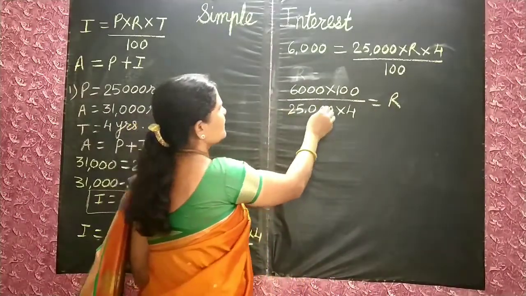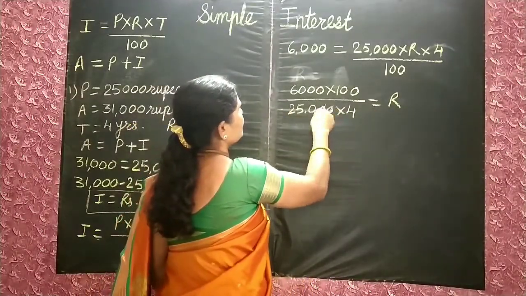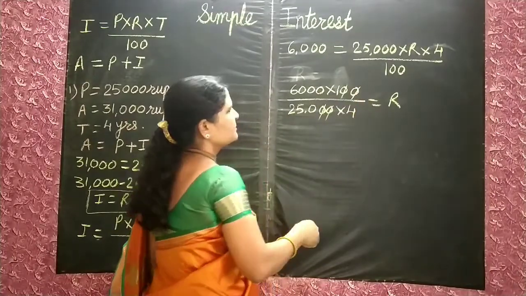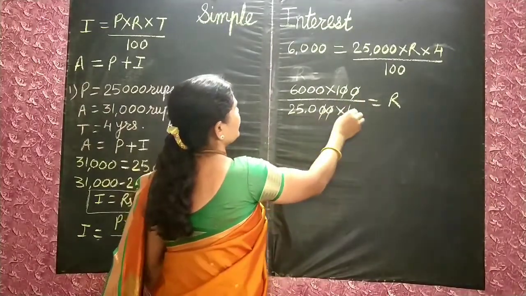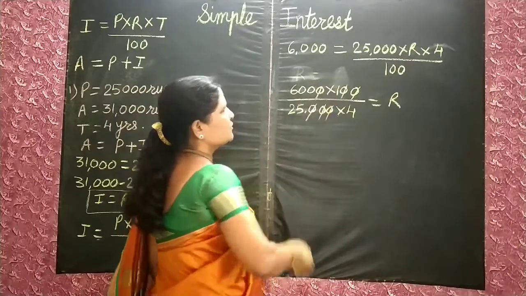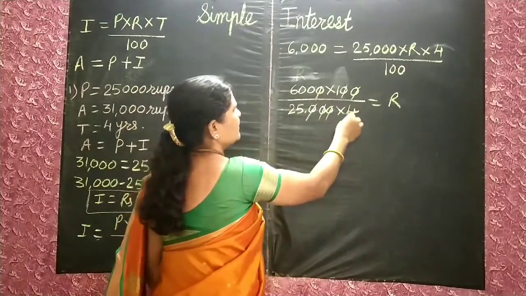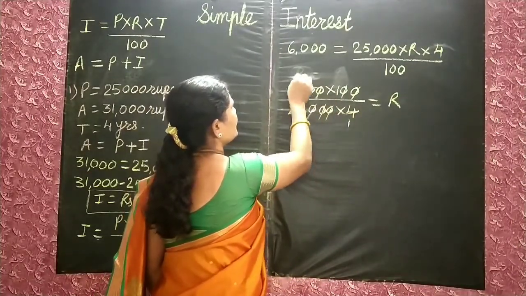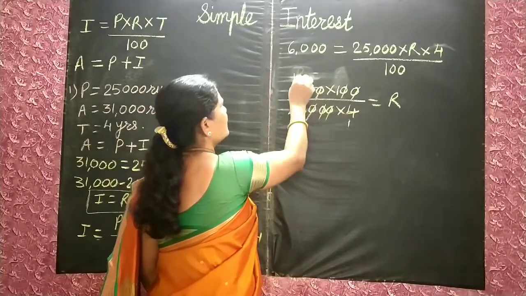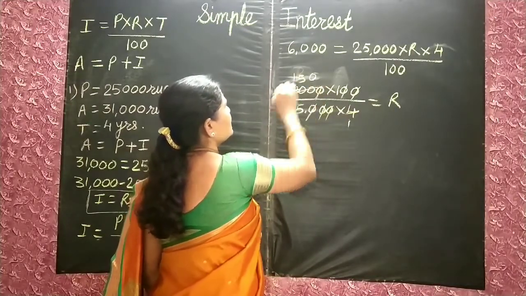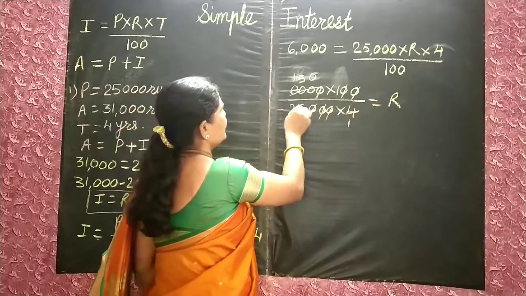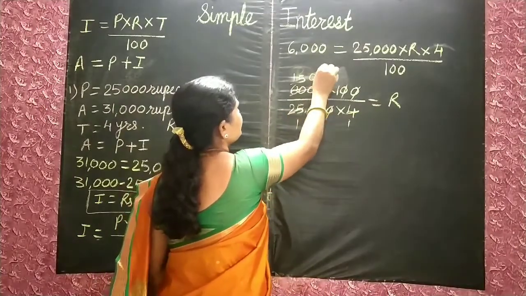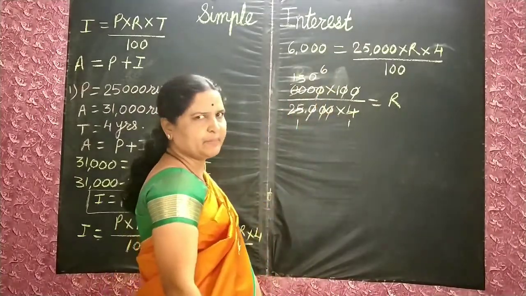Cancel the zeros. 4 ones are 4, 4 fives are 20, 4 zeros are 0. 25 ones are 25, 25 sixes are 150.